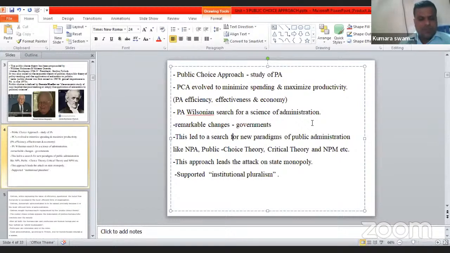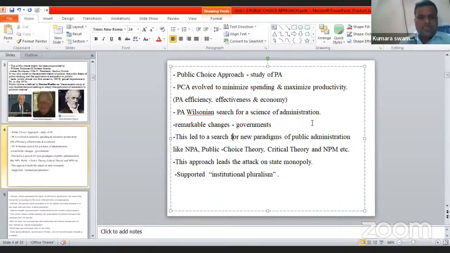This leads to a search for new paradigms in the field of public administration, like new public administration, public choice and critical theory, new public management, and others. The public choice approach attacks state monopoly, meaning the idea that only the state has to do everything in present society.